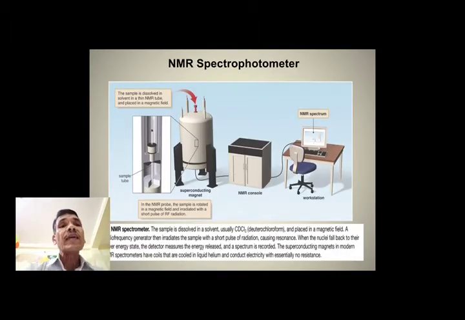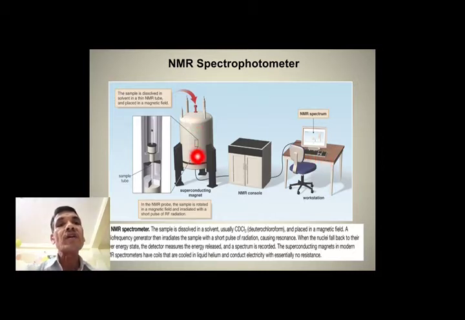Here the modern NMR spectrophotometer picture is shown for your illustration. The sample is dissolved in solvent in a thin NMR tube and placed in a strongly applied magnetic field in this chamber.